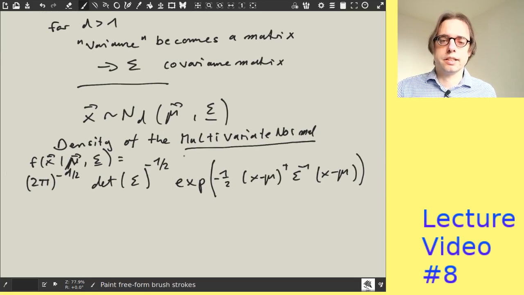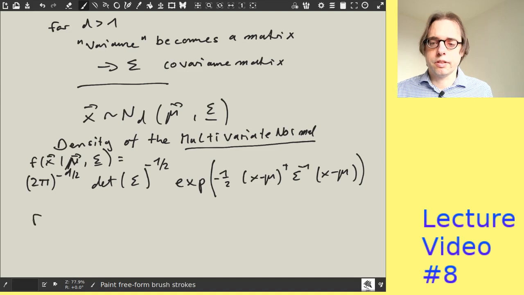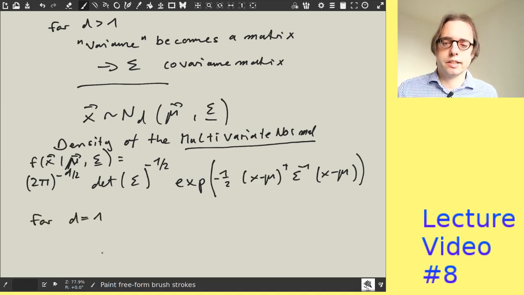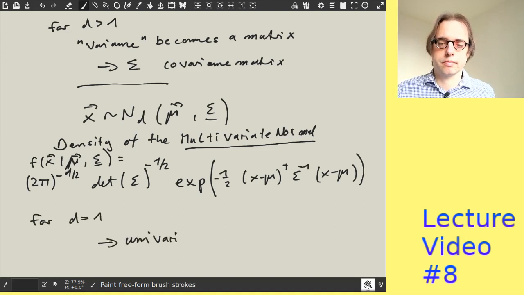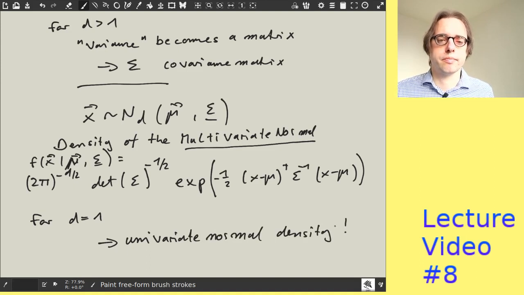So this is the density of the multivariate normal, and for d equals 1, we get exactly the univariate normal density. So it is a proper generalization. It also looks like the normal distribution, only that it's more multidimensional.